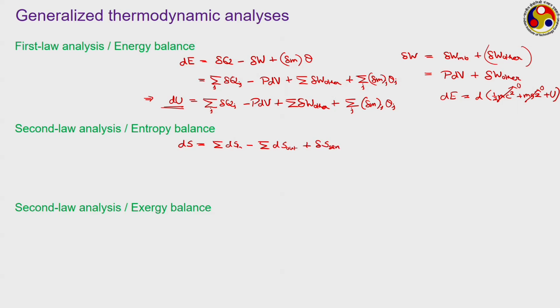Here we are putting a delta sign in front of entropy generation because that depends on the process. If you are talking about a reversible process, the entropy generation will not be there.